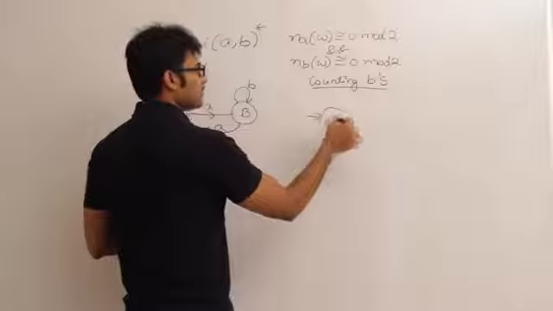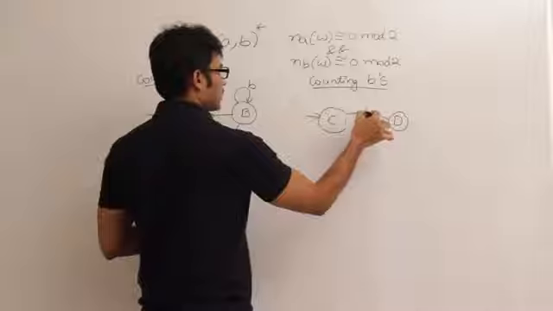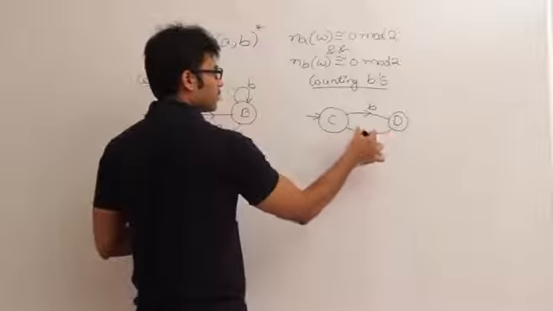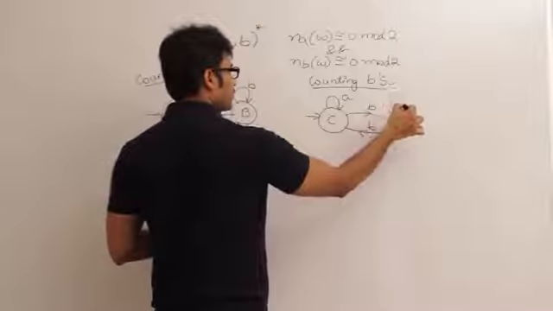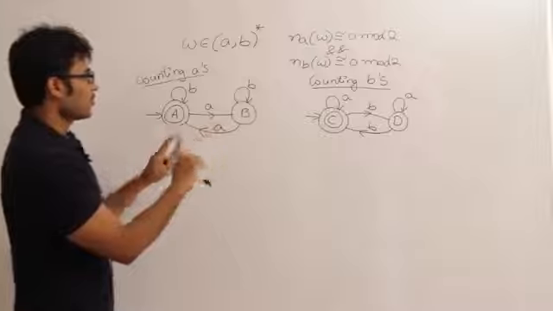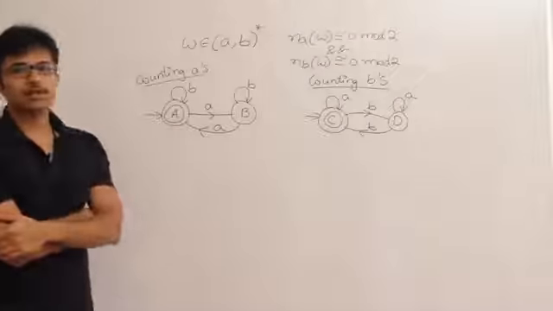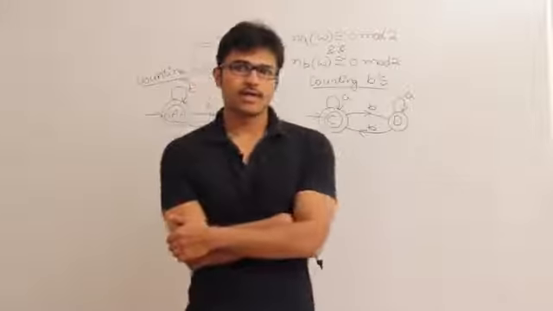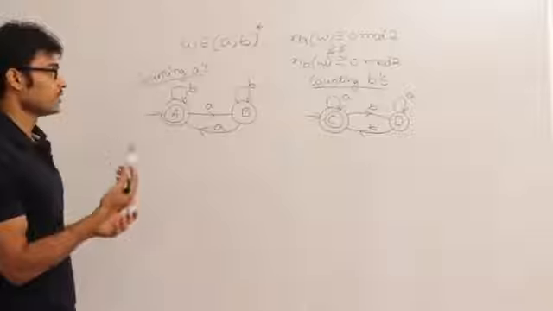Let us say this is state C and this is state D. 0 B's, 1 B, 2 B's, and the number of A's I don't count, and the even number of B's is this. Now I want to combine these two using a method called cross product. First I am going to discuss this cross product method, and then I will change the problem and do it in another way.